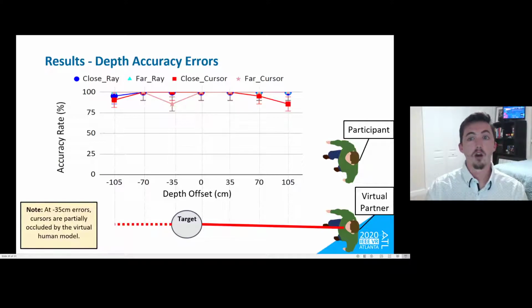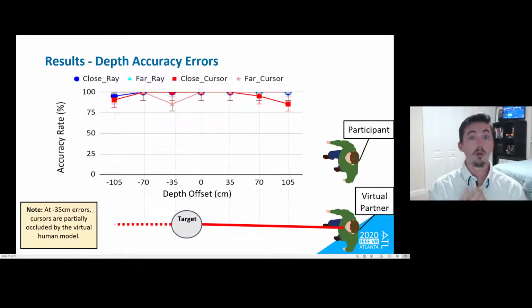So these results are somewhat expected. We see that at these higher offsets, we have a decrease in user performance. They're making more mistakes because it's just further away from the target. As we get closer, we see that they make fewer mistakes until we get to minus 70 and minus 35 centimeters, where they're at near 100% accuracy.